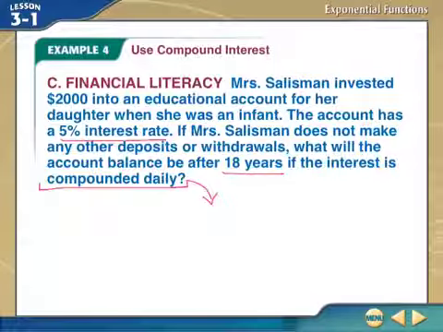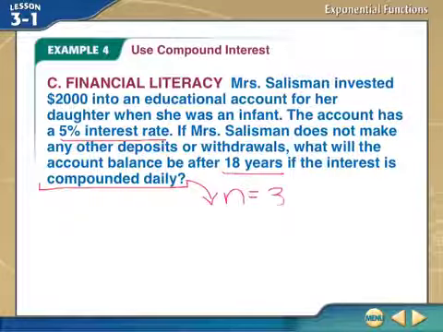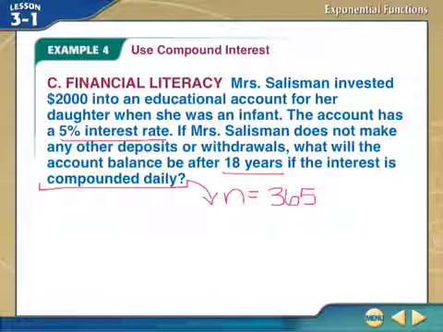Since t is in years and our interest rate is being compounded daily, there are 365 days in a year. So therefore, our n value here is 365. She's going to be paid interest on that $2,000 every single day for 18 years.